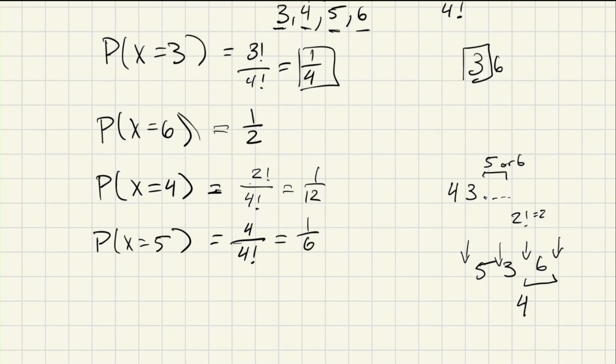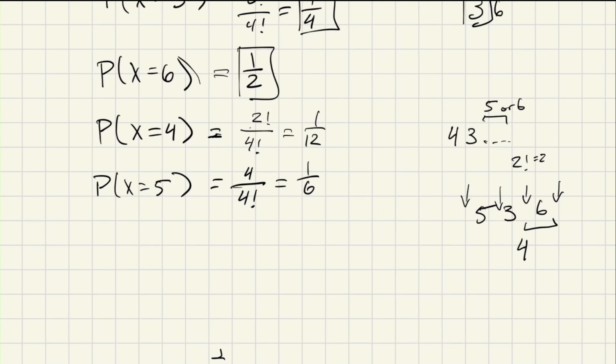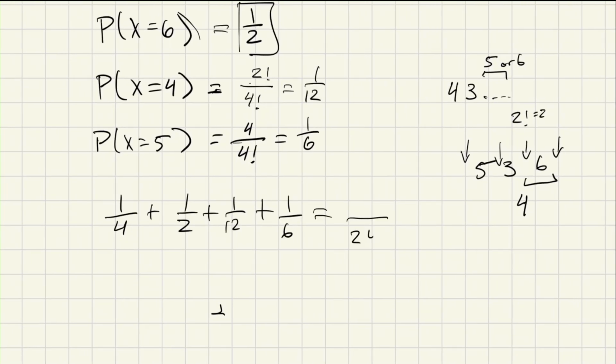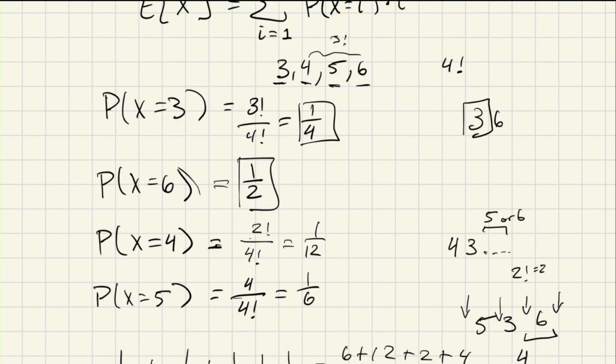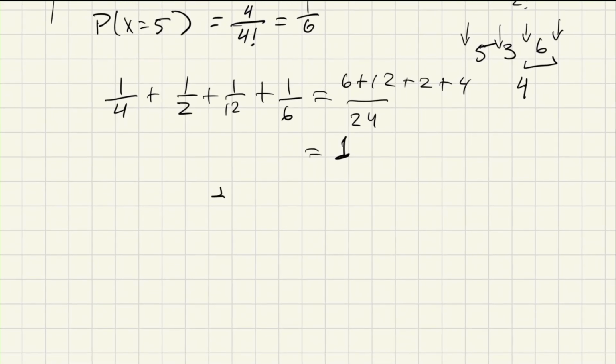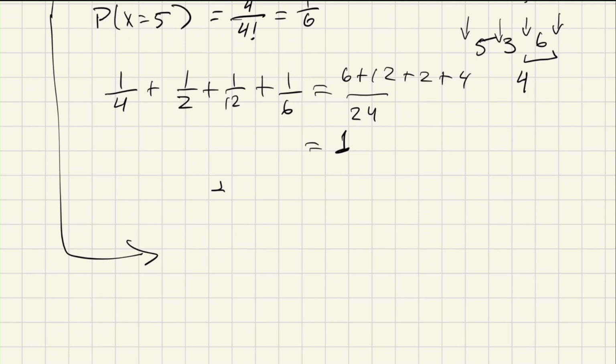Okay, cool. And just to double check that everything checks out, let's add everything together. 1/4 plus 1/2 plus 1/12 plus 1/6. If I put everything over a common denominator of 24, then I get 6 plus 12 plus 2 plus 4, and I believe that equals 24. So that means we did our math correctly. Now all that's left is to plug our values into the expected value formula.